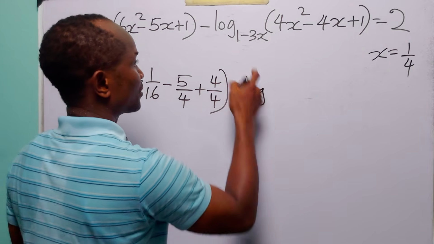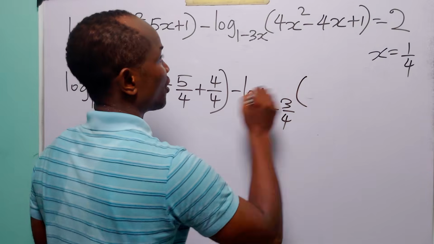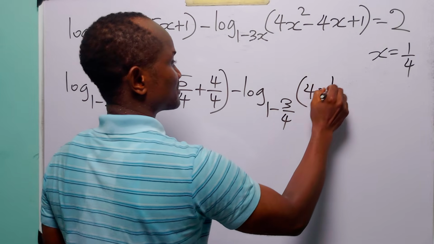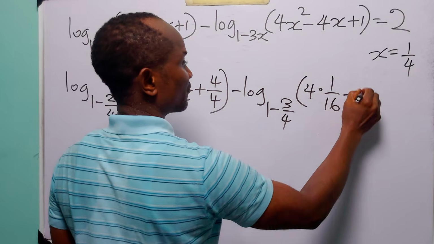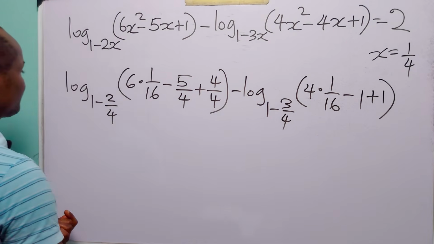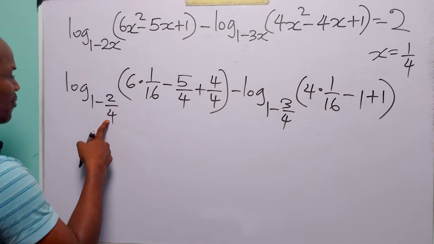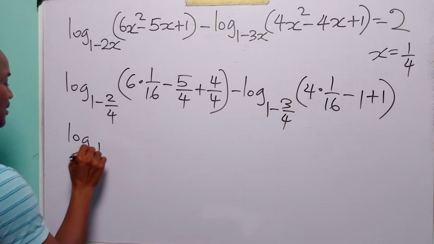Minus log to base 1 minus 3 over 4 of 4 times 1 over 16 minus 4 times 1 over 4, which is 1, plus 1. Now 1 minus 2 over 4. 2 over 4 is half. 1 minus half is half.